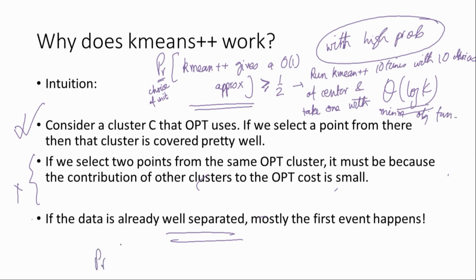Then what is the probability that this minimum of the runs gives an order 1 approximation? What is this probability? Simple probability calculation.